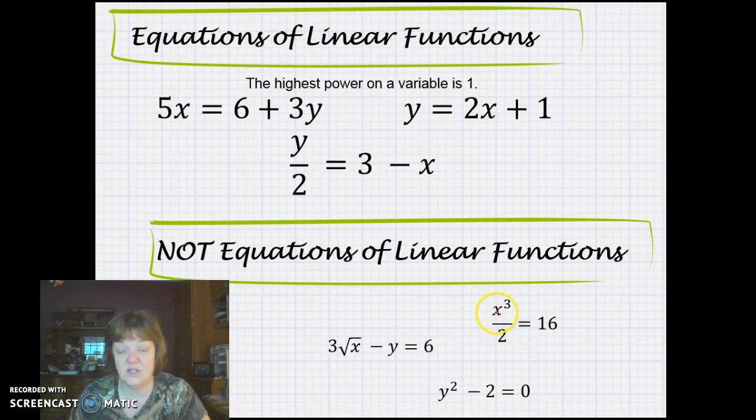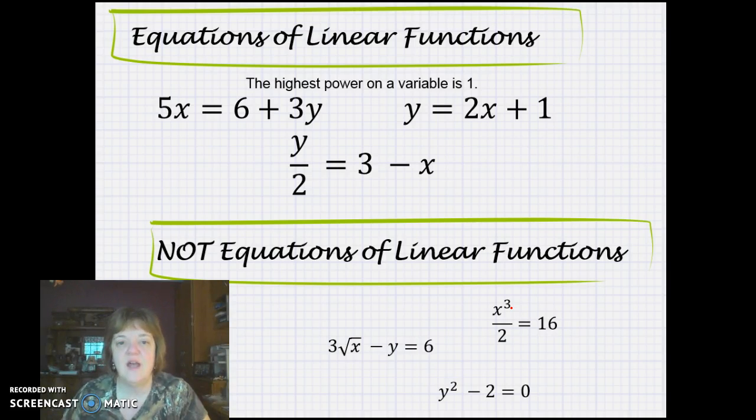These are going to give us all kinds of curves, the curvy ones that you've been seeing. This one is the square root of x. Okay? That's a square root. Here we have a square. Here we have a cube. Very simple definition, okay? Look for the variables, look at their power. If it's got a power of bigger than 1, then it's not a linear function. It might be a function, but it's not a linear function.